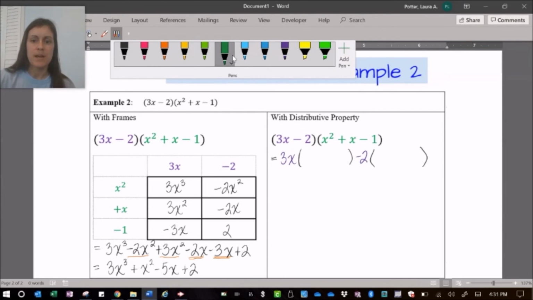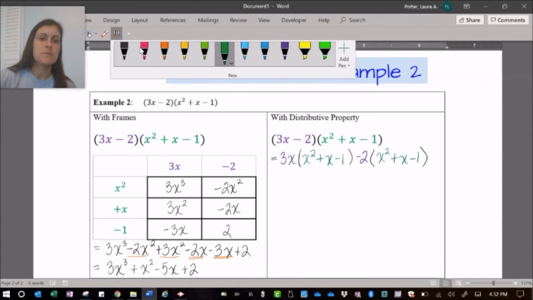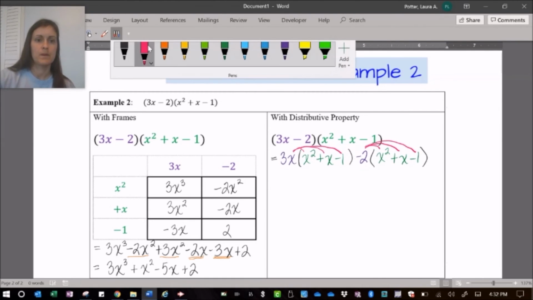Going to multiply 3x times x squared plus x minus 1, and I'm also going to multiply -2 times x squared plus x minus 1. I'll have to apply the distributive property again. 3x times x squared, 3x times x, and 3x times -1, and -2 times x squared, -2 times x, and -2 times -1.